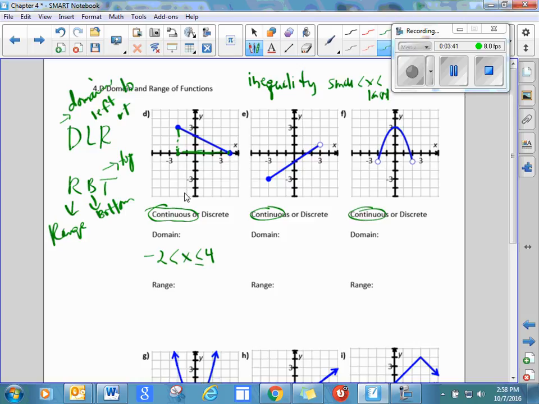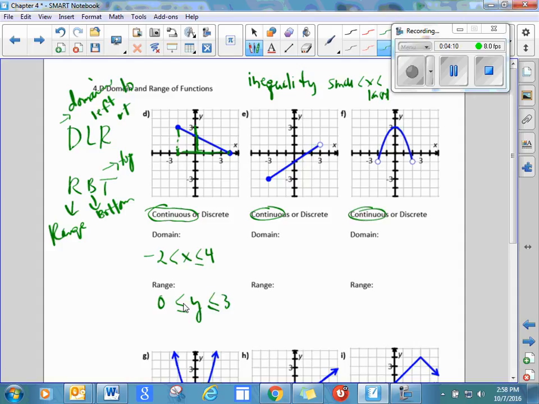If we look at the range, similarly, we are looking at the Y-axis. How many points on the Y-axis does our continuous graph touch? So our smallest value from bottom to top is 0, and our largest value at the top is 3.